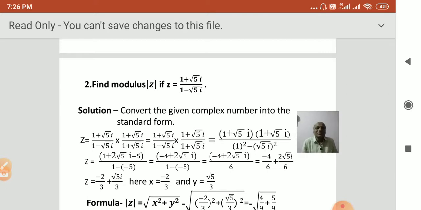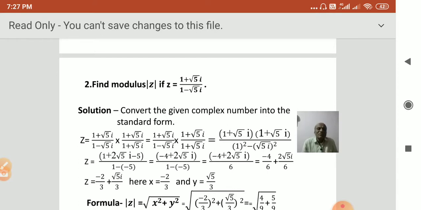Now simplify this further. For the denominator, we use (a minus b)(a plus b), which is a square minus b square. So this will be 1 square minus square root of 5i whole square. So i square becomes minus 1, so this becomes plus, and square root of 5 square becomes 5. So in the denominator there will be 1 plus 5, which is 6.